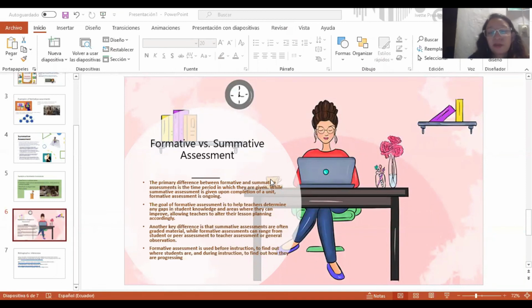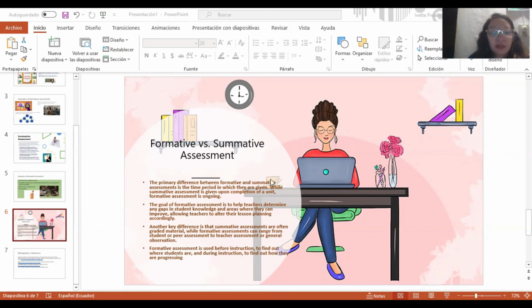I think that formative assessment is important for the students because it allows them to know what content they need to improve. On the other hand, summative assessments are used to gauge progress of grade or level goals.